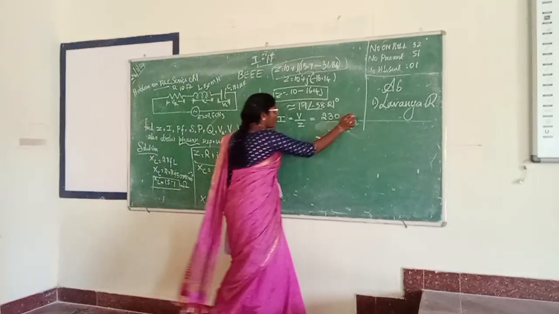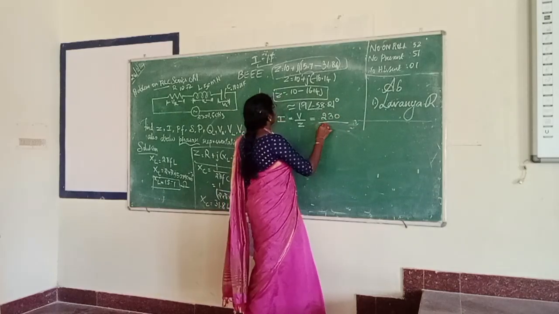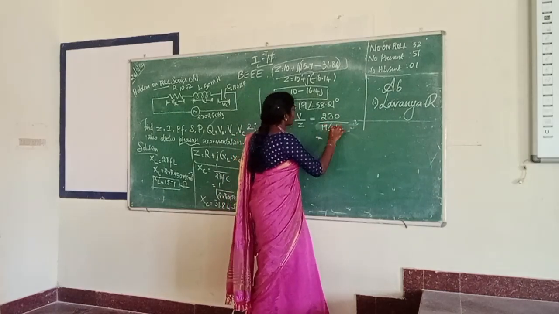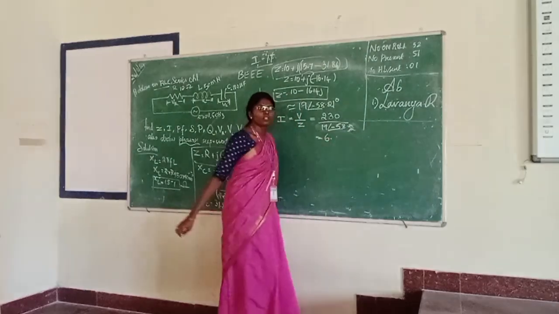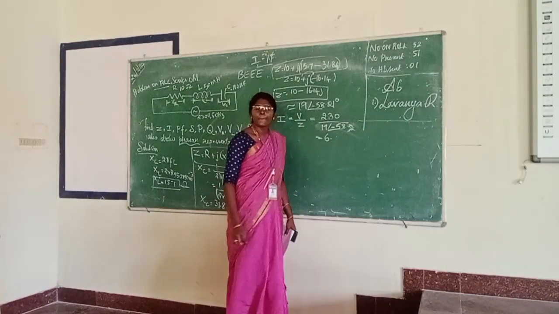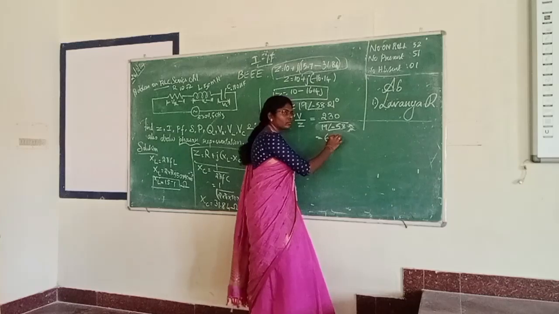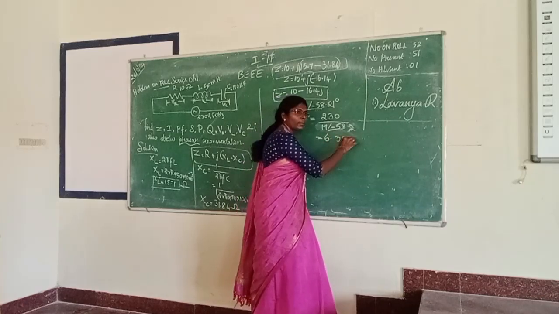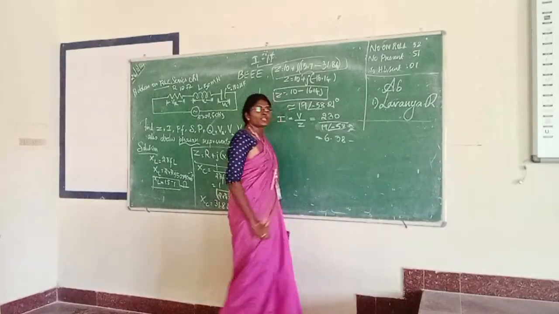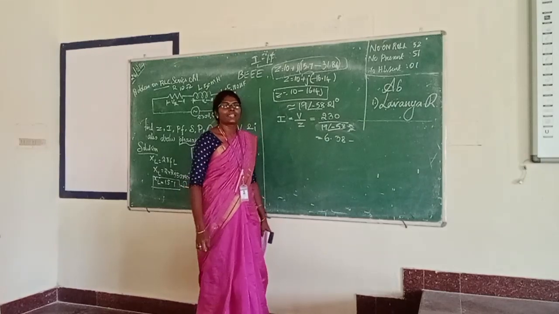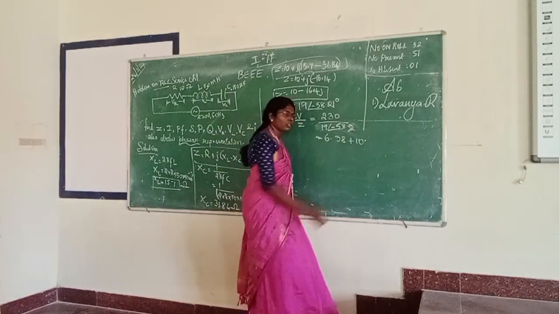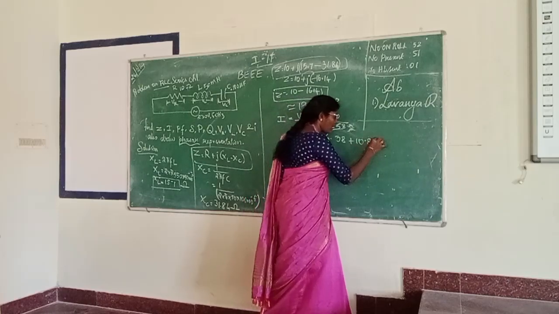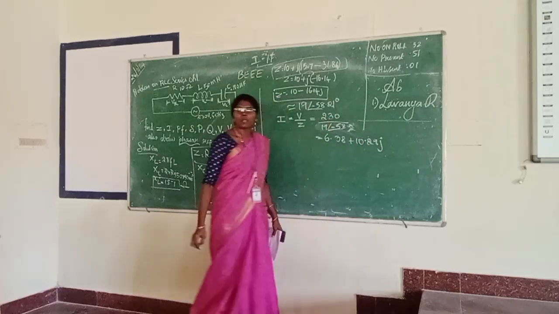So what is it? 19 angle minus 58.2. What is the answer there? 6.38. Is the 10 point plus or minus? 10.29. What is that part? Imaginary part.